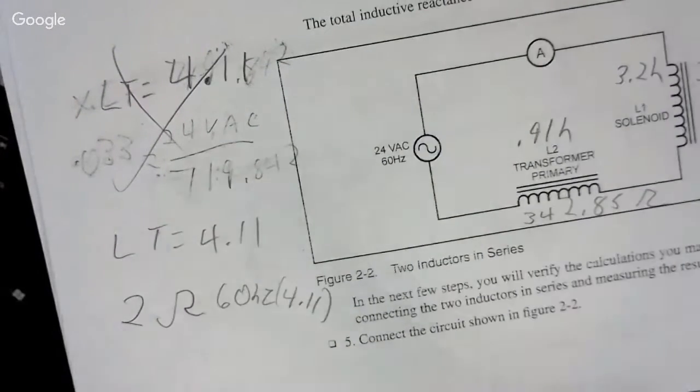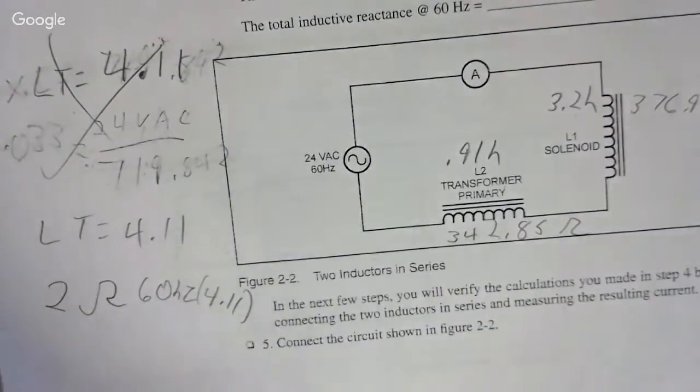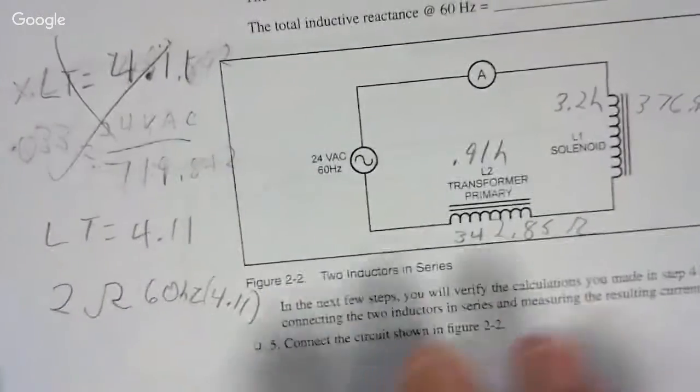So using Ohm's law, and I know that I have 24 volts AC, I can take 24 volts AC and divide it by my XL in ohms, 1549.